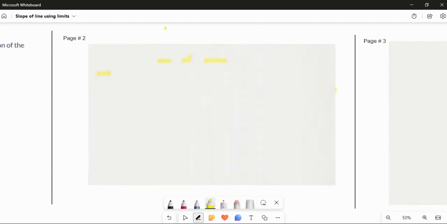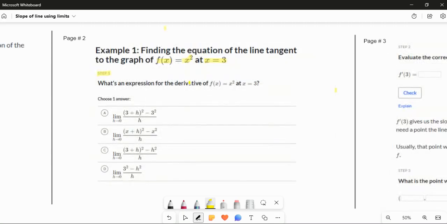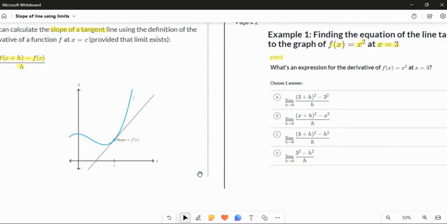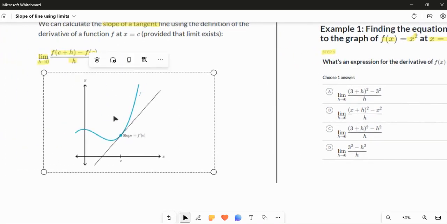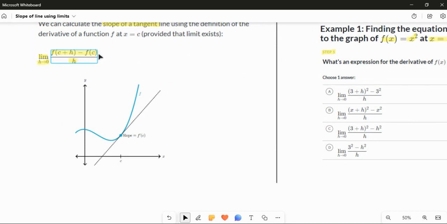Step number one is, first of all, let's relate this expression, the limit of f of c plus h minus f of c divided by h when h approaches 0.